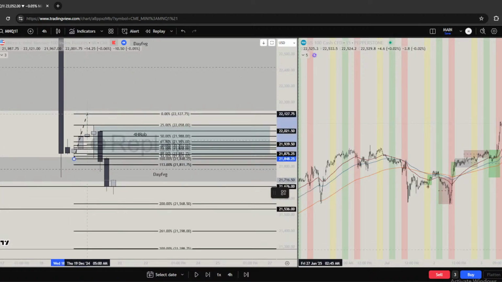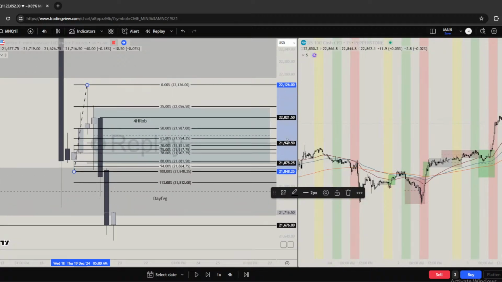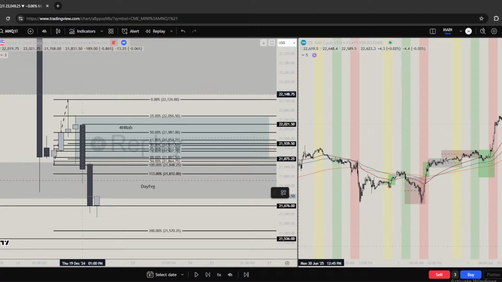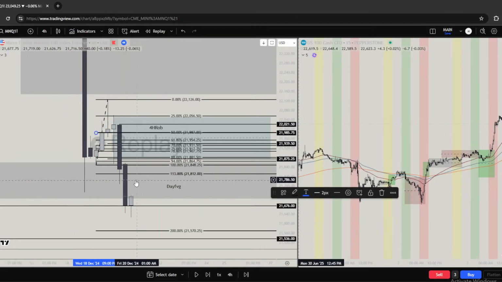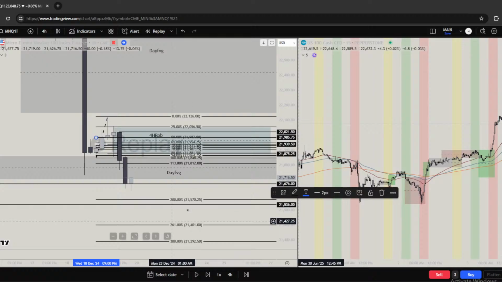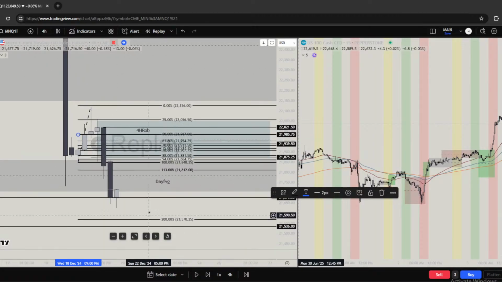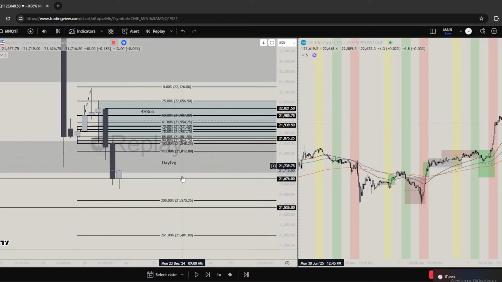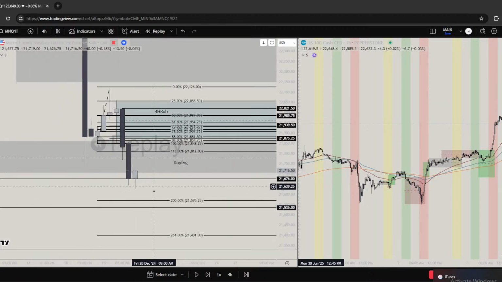Here we go, from the low to the high. You run it from the low to the high to see how far this manipulation phase might want to go. Below the 113, I want to see how price reacts here because this could manipulate a little bit lower, back down.